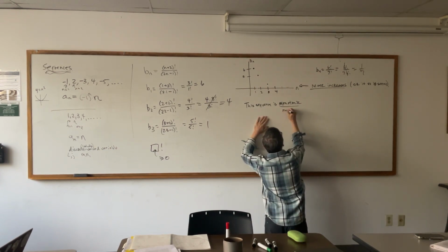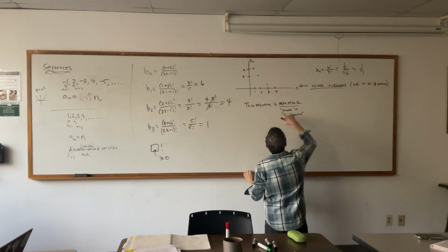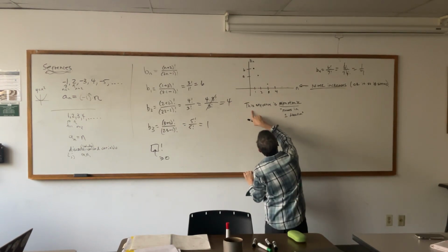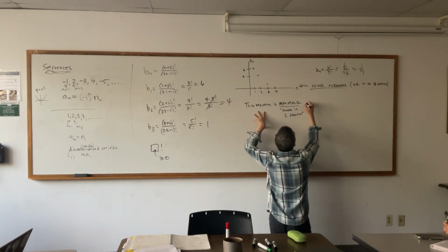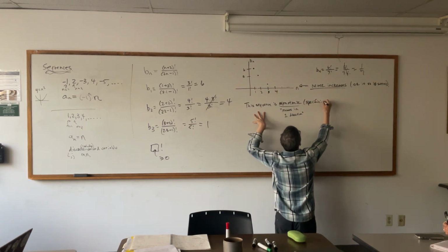So it moves in one direction, and that's either up or down. It's either always increasing or always decreasing, with a little bit of a twist there. So this sequence is monotonic, and specifically monotonic decreasing.